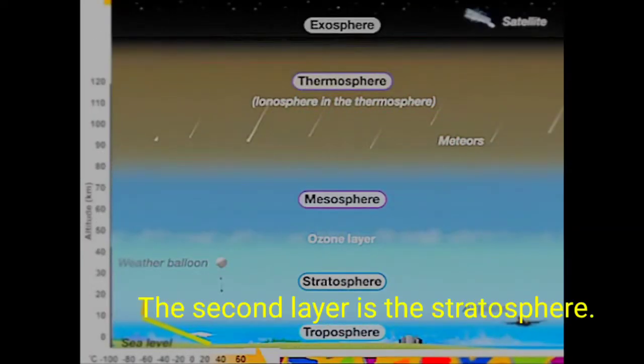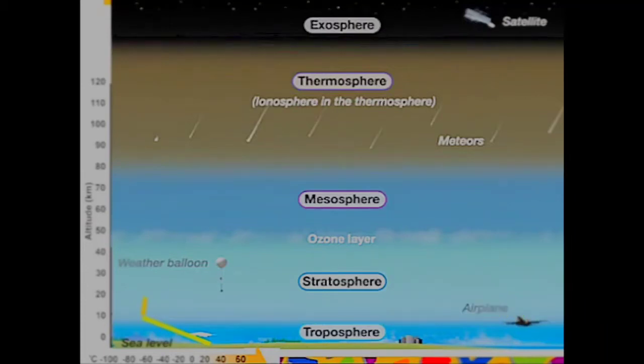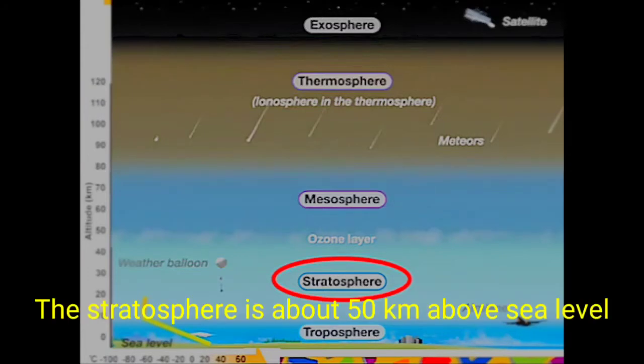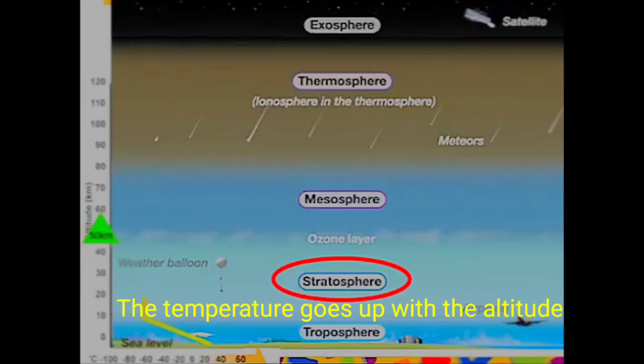The second layer is the stratosphere. The stratosphere is about 50 kilometers above sea level. The temperature goes up with the altitude.